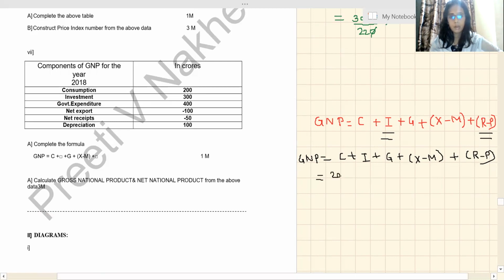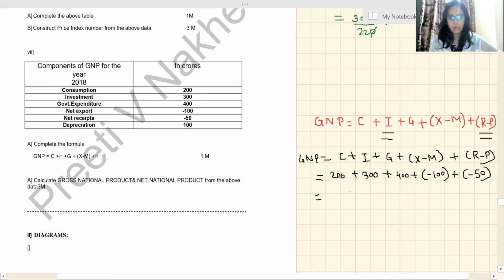Consumption is 200 plus I, investment is 3 plus, they have given everything. I am taking from this table only. Government expenditure, they have shown as 400 plus X minus M. Net exports means they are giving you the final figure. Here minus 100 means your imports are more than exports. So put it into the bracket, and then receipt minus payment, the net figure has been given.